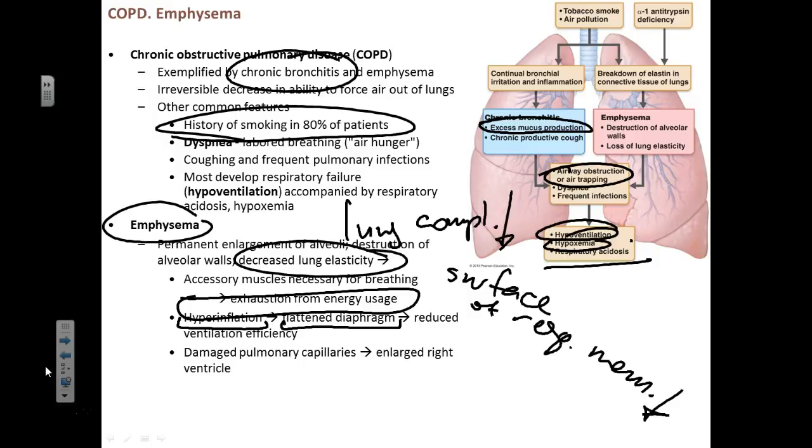Okay, and a flattened diaphragm becomes less effective in changing the volume of the thoracic cage and less effective in ventilation. Also in case of emphysema, pulmonary capillaries become damaged, so resistance of the pulmonary circuit increases, right? The right ventricle becomes hypertrophied. It has to pump against the higher resistance. So afterload in the pulmonary circuit increases, right?